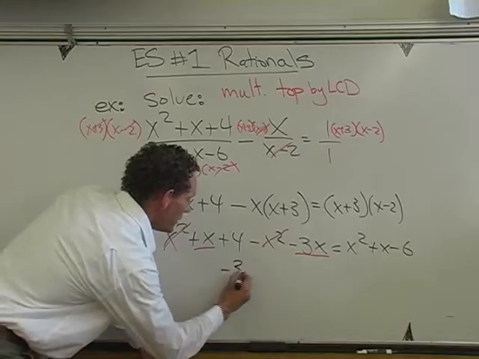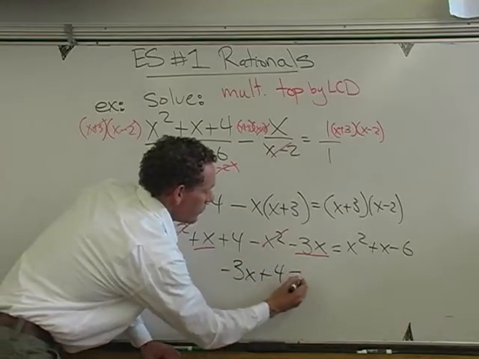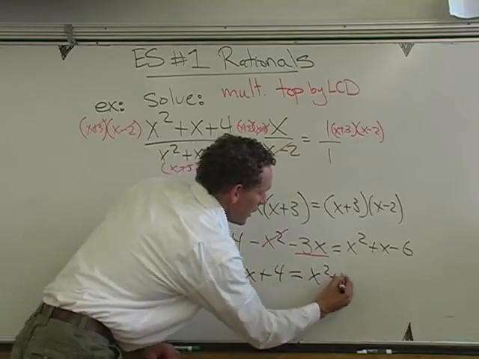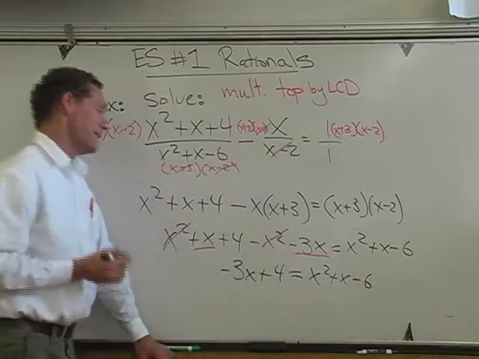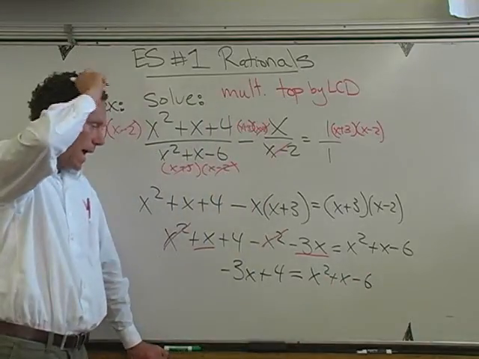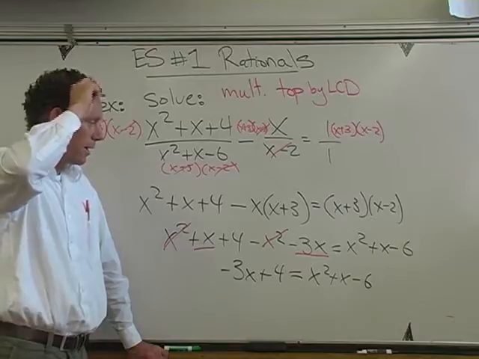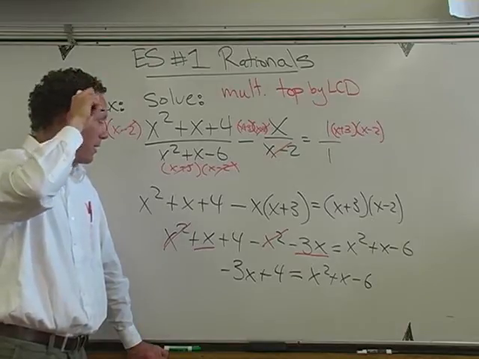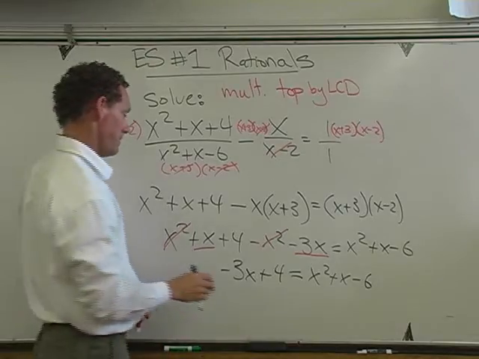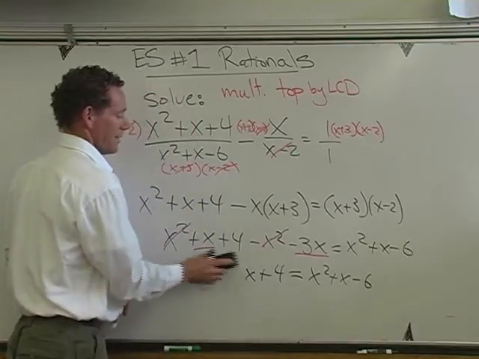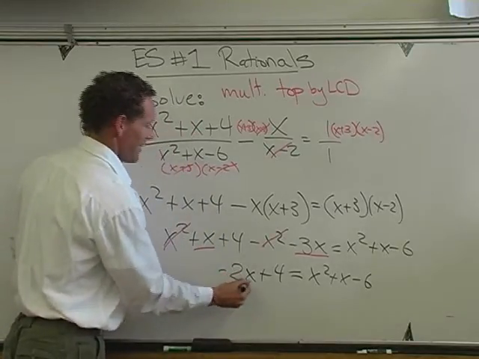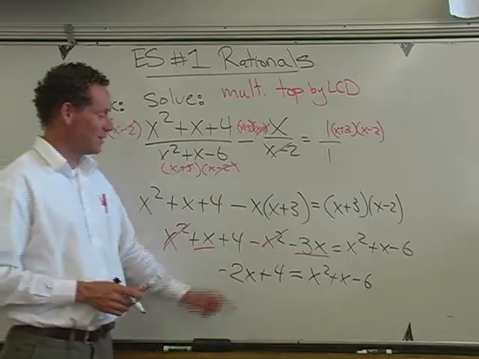So we have minus 3x plus 4 equals x squared plus x minus 6. And yes, minus 3x plus x is negative 2x. Just testing. Thank you. All right, minus 2x plus 4.